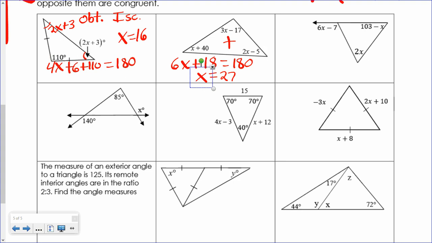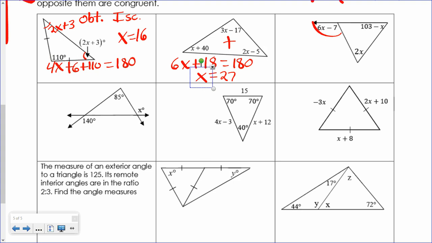All right, here comes the interesting one, over on the right side. What kind of situation do I have? What would I call this angle right here? Exterior. So I'm using the exterior angle theorem to help me, which states what?